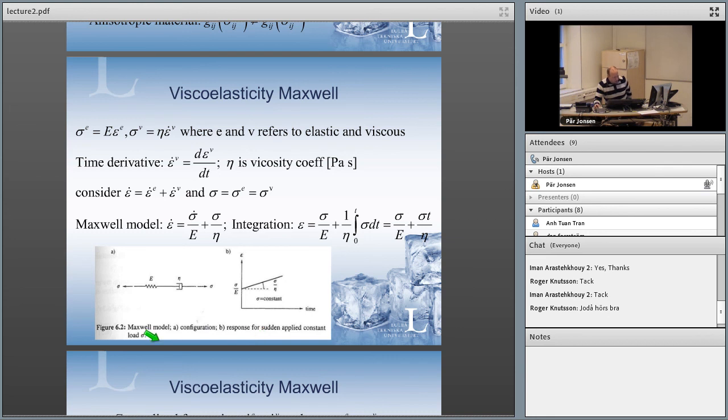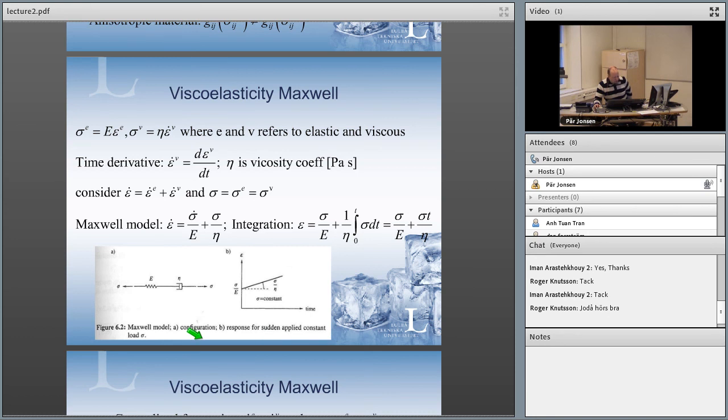It looks like this one. You have a spring and a dashpot, a damper in the system, meaning that if you load this model, you will have an instant response, and then you have a time-dependent response like this. You have an angle here with sigma divided by eta. So it's a time-dependent change in the system.